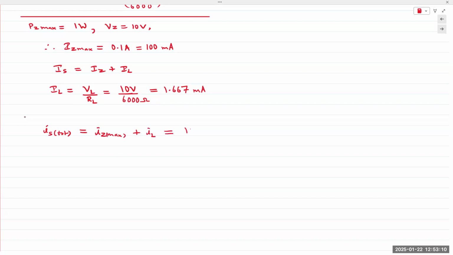And IZ max in our case is 100 milliamps. IL is 1.667. And so the total current IS cannot exceed 101.667 milliamps.